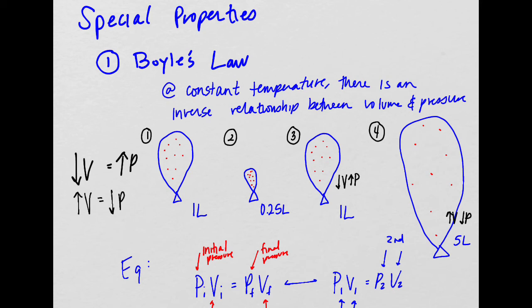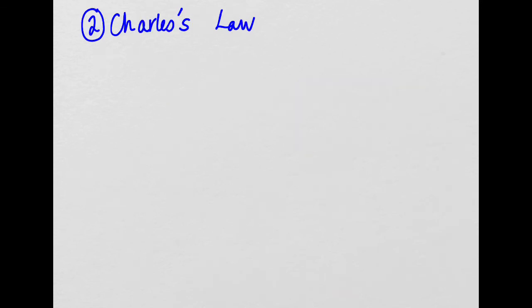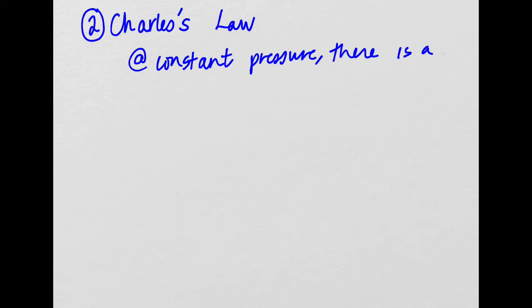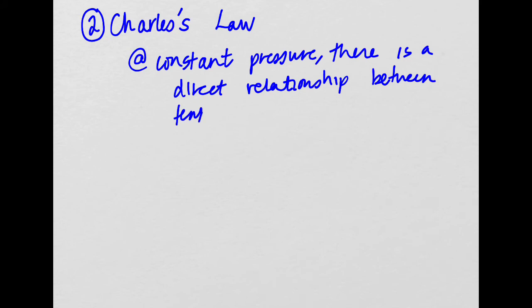The last thing we have to talk about in this section is Charles's law. Charles's law tells us that at constant pressure, so when pressure isn't changing, there is a direct relationship between temperature and the volume of a gas.